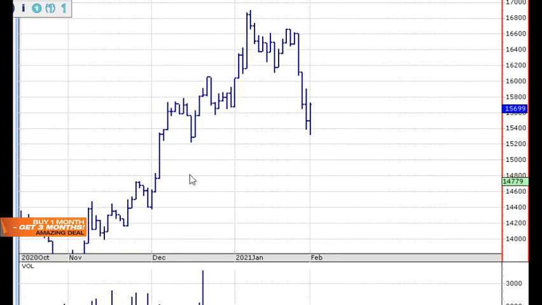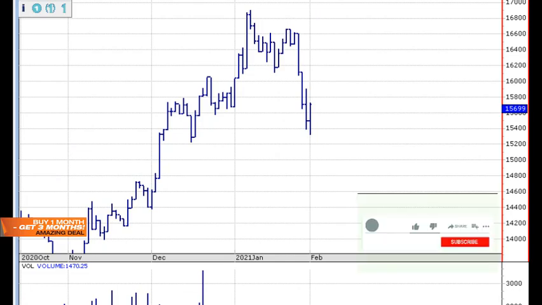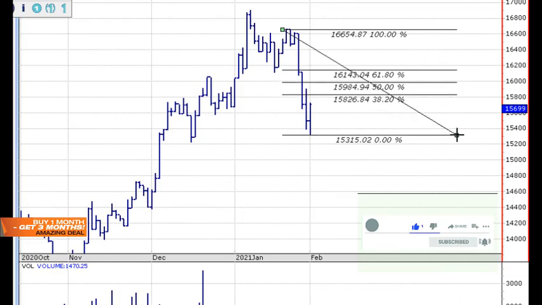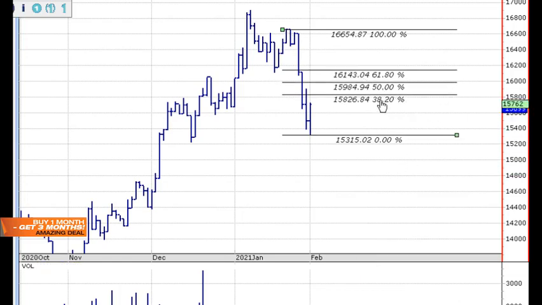So if it turns into 5 waves, then we've got a bigger bearish picture. So that's the 38.2%. This is the XMJ, and that means that this market can push up to this level here, in this case the 15,800, and then it could push.